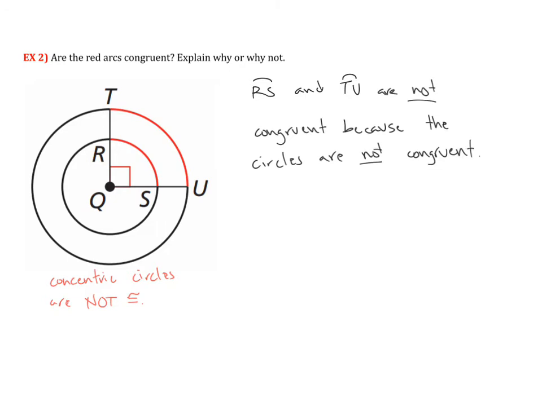Again, this is technically the second option. We're working with more than one circle. There are two circles here. So we have to double check to make sure that they are congruent. But the radius for the circle on the inside is much shorter than the radius for the circle on the outside. So the radii are different lengths, which means that the circles are not congruent. And by that, we can now say that the two arcs are also not congruent.